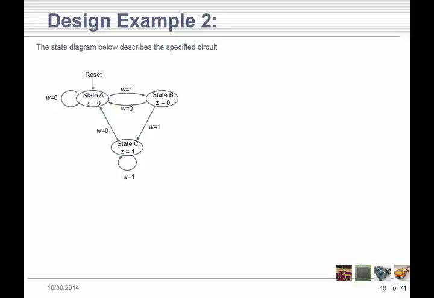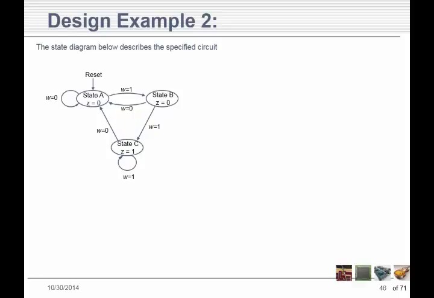If I see a 1 on the input, then I want to move to state B. So state A says all I've seen is zeros on the input. State B says I've seen a 1. I'm looking for the second one. If the next bit on the input is a 0, we go back to state A.